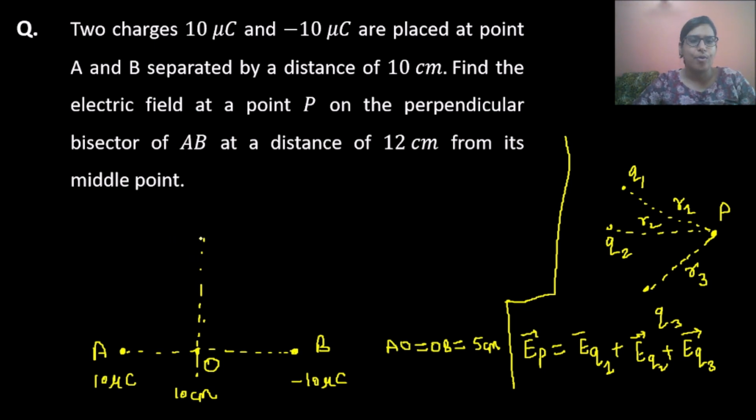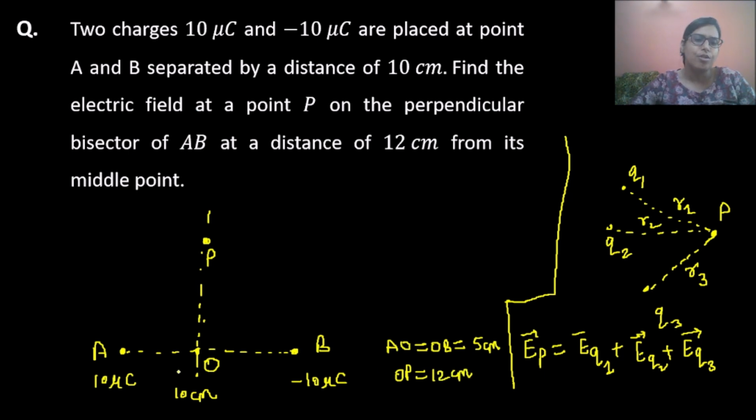And this is the point P where we have to calculate electric field intensity, and it is at a distance of 12 centimeter from the midpoint of AB. That means distance OP is given 12 centimeter.